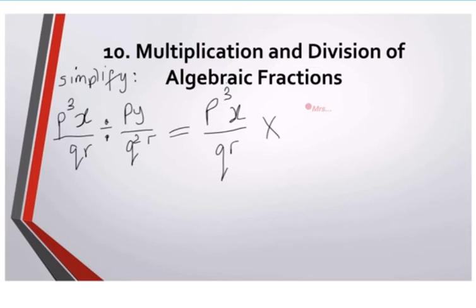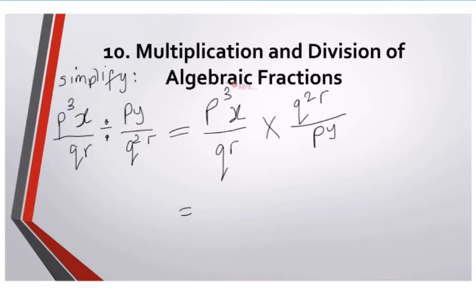So if I flip the next fraction, I'm going to get q to the power of 2r over py. Okay, this is what I do. I change my division sign to a multiplication sign, and then I find the reciprocal of the following fraction.